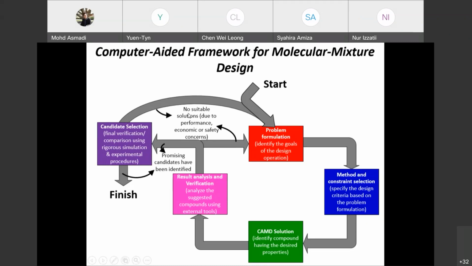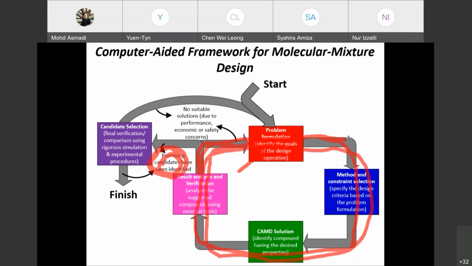If there is no suitable solution performance, we cannot go to the next step, so we have to return. Similarly here, if no promising candidate has been identified, we have to start from the problem formulation. So there is a loop if we do not achieve the targets or goals.